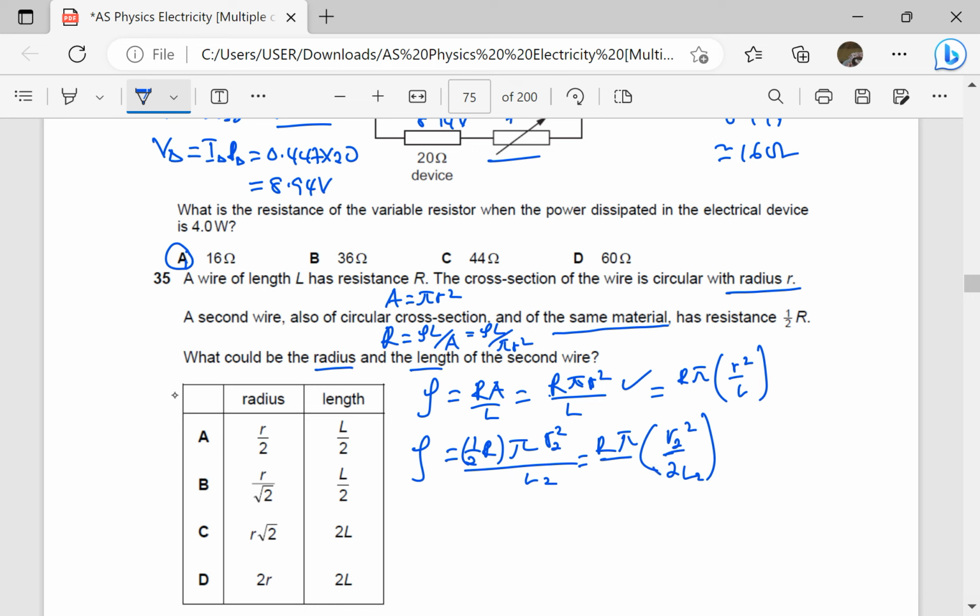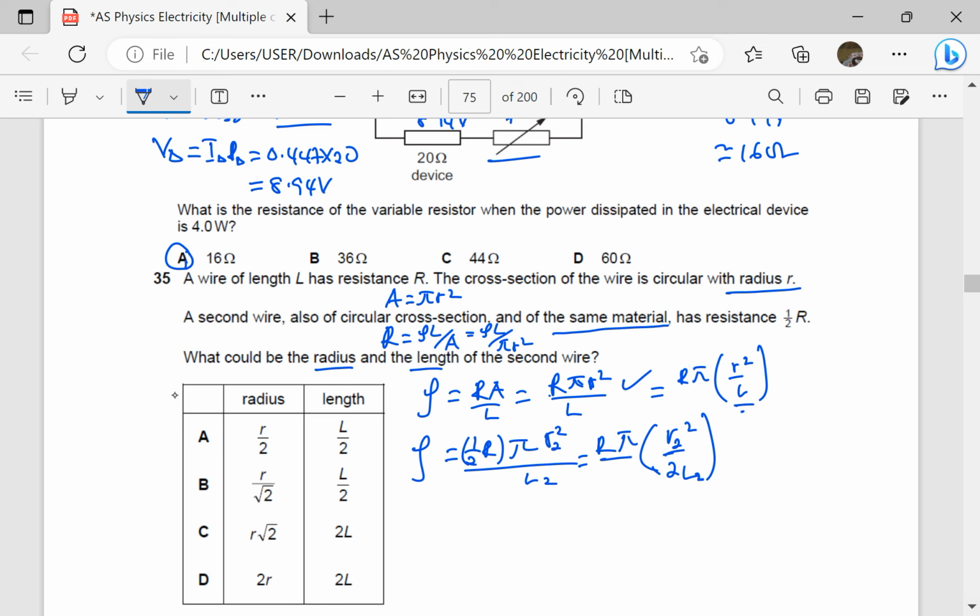So we are going to look for a combination. We are going to check which combinations of r2 squared over 2 L2 will give us this part here, r squared over L.